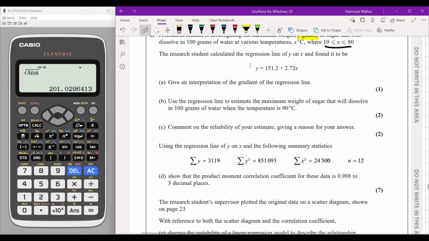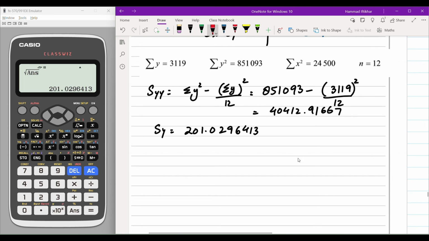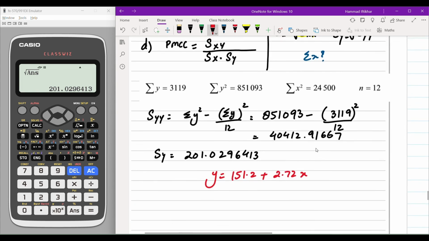So y is equal to 151.2 plus 2.72x. Was it plus or minus? Plus.